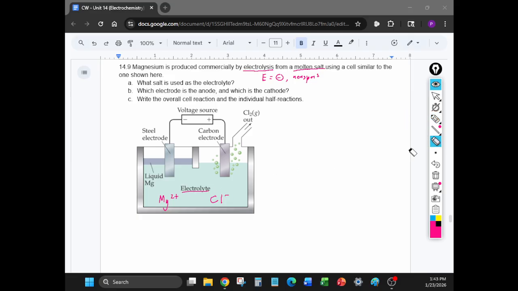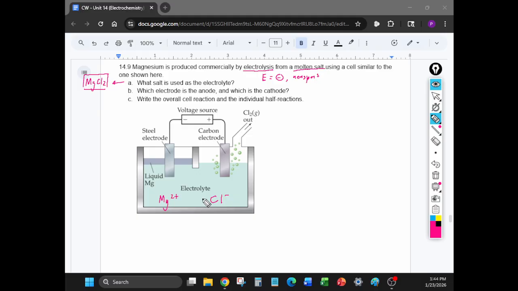Well, if the two compounds that are involved in this reaction are magnesium and chlorine, Mg is 2+ from its most common ion, chlorine is -1. That means that the salt that we're going to produce, the ionic compound that we make, is going to be MgCl2. Okay, so that's the answer to part A. Pretty easy. And we can identify that because there's magnesium and there's chlorine.